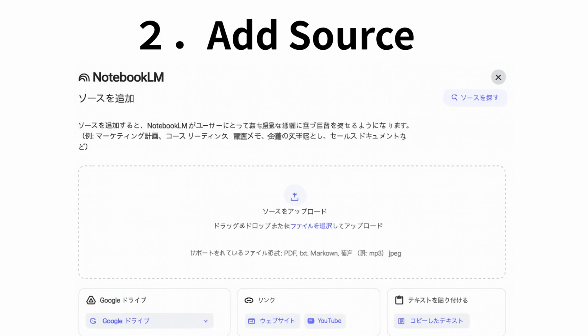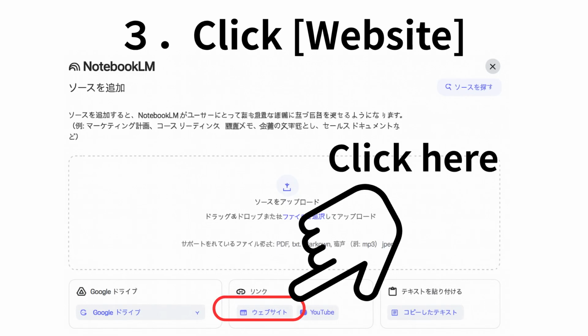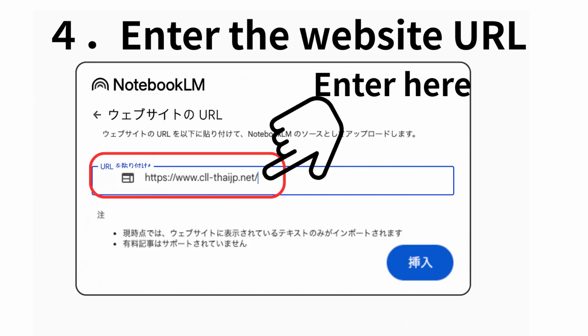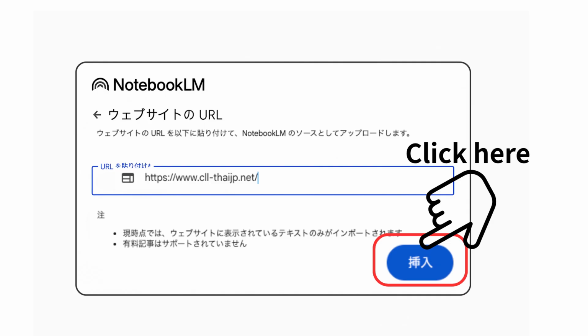Two, add a source. Click Website at the bottom of the screen. Four, enter the website URL. Click the Insert button at the bottom right of the screen.